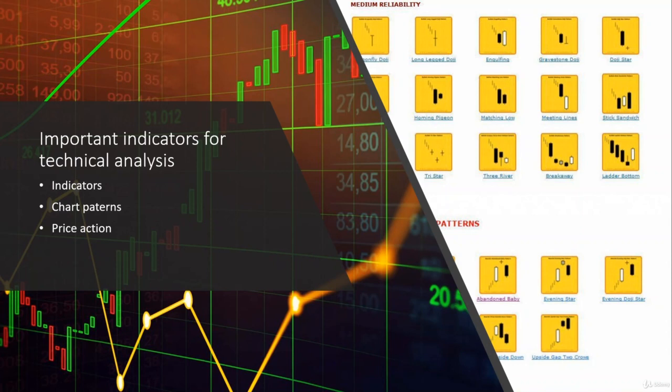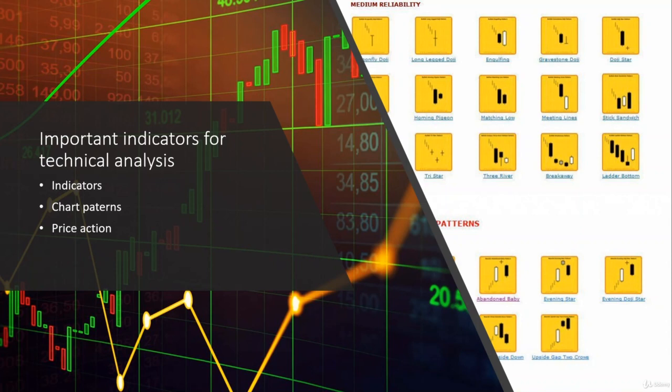The second thing will be chart patterns, for example what's here. It's working directly with the candles, and there are patterns in candles that happen a lot of times.